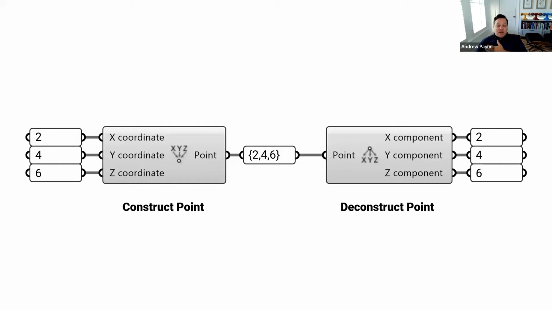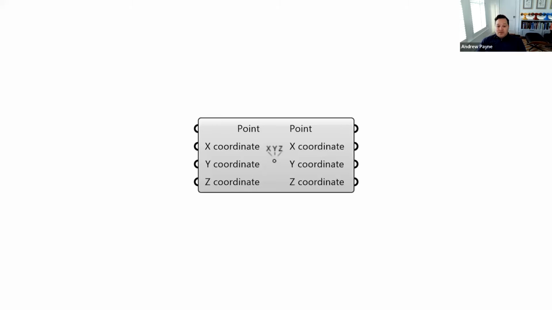Then we have a second component, which we call deconstruct point, which takes in that point and retrieves the individual elements of the XYZ components. While that's been really efficient and as a mental model is very clear, we were a little bit concerned because it bloated the Grasshopper ribbon. We now need 2 components for every data type, and it also took up a lot more space, where we now have 2 components where 1 might suffice.